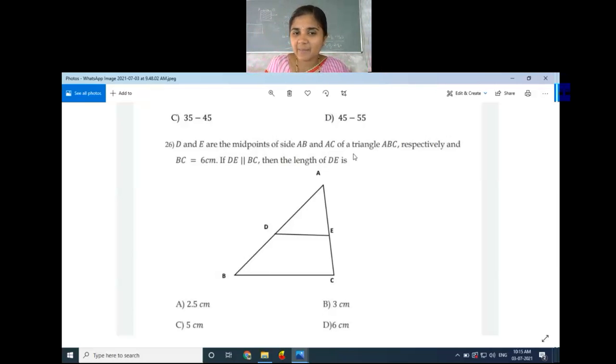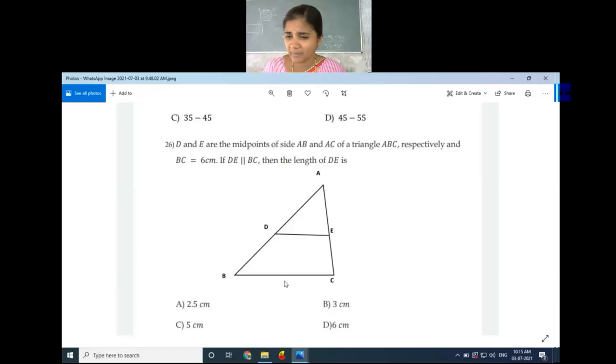This is a very simple question. You can imagine the 9th standard, where we learned this concept. If D and E are midpoints and the line is parallel to this side, then DE is half of the base BC.